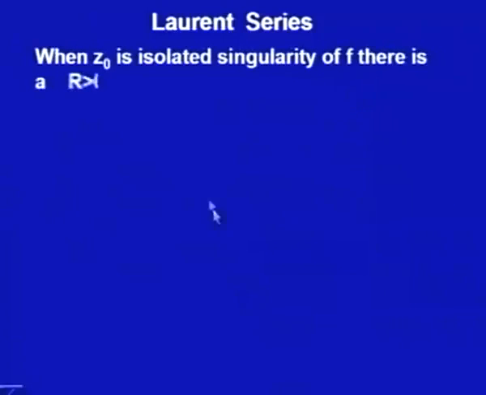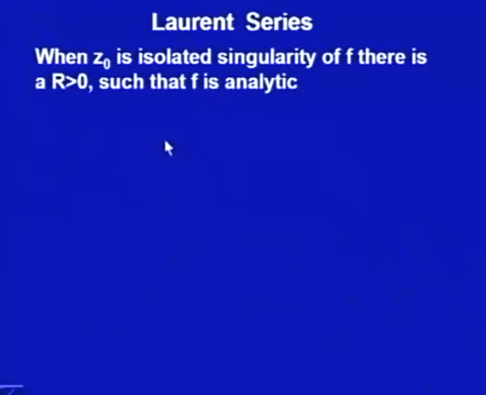If it is an isolated singularity, then as I said, we can relate it with the Laurent series. We do know that when z naught is an isolated singularity of f, there is always an r which is positive such that f is analytic in that region. Isolated singularity simply means that I could find a neighborhood of z naught in which f is analytic throughout that neighborhood except at the point z naught.